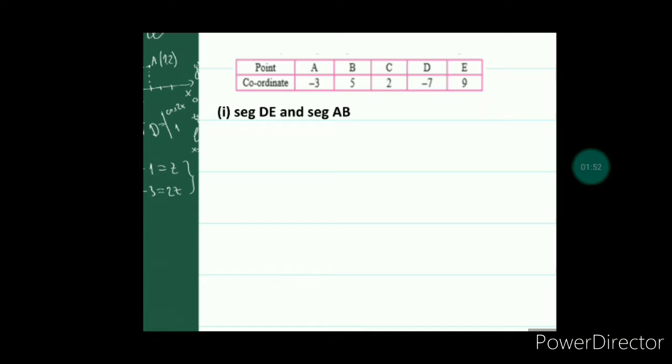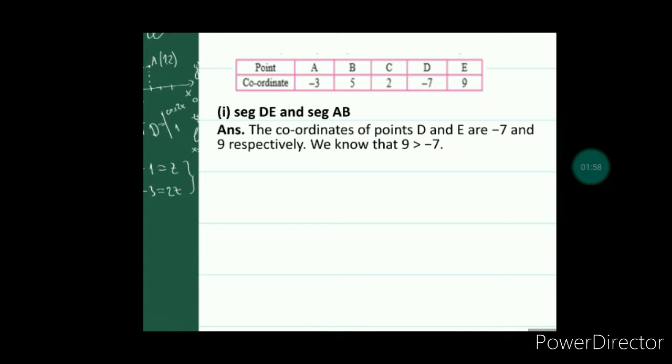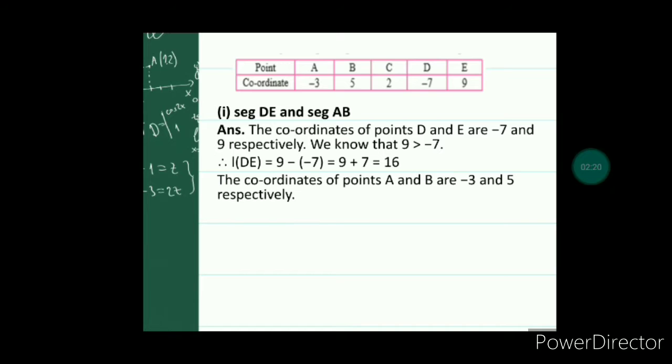Sub question first is seg DE and seg AB. The coordinates of points D and E are -7 and 9 respectively. We know that 9 is greater than -7. Length of DE is equal to 9 minus in bracket -7, is equal to 9 plus 7, is equal to 16.